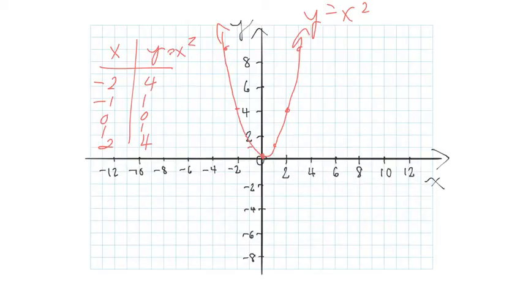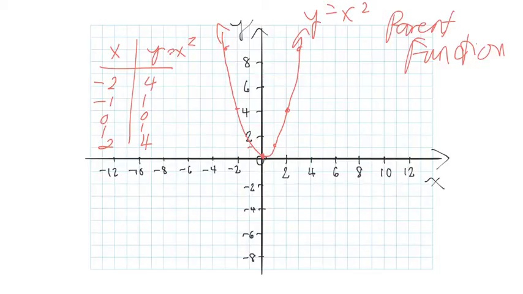Okay, so this is our basic parabola, and it's also sometimes called the parent quadratic, I guess you would say, or parent function. You'll learn more about parent functions in grade 11. So, what can we do with this parent function? Well, we can do a lot of things, as it turns out.